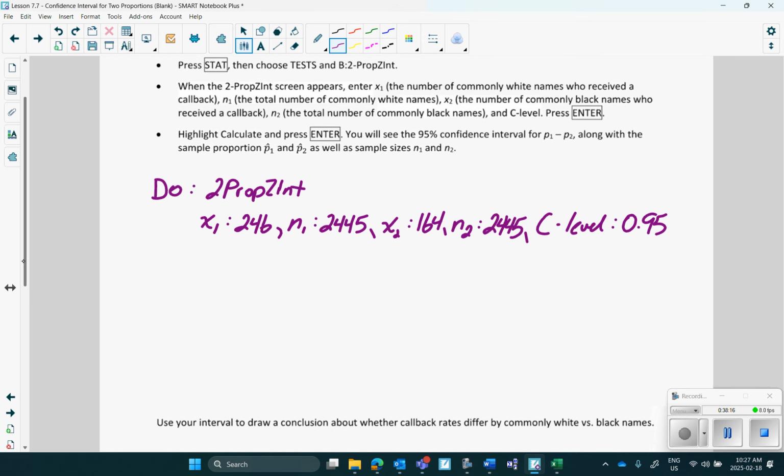So remember, this replaces having to do that confidence interval formula, having to figure out what Z star is if it's not 95%. This just does it all for you. And we're not going to get exactly the same because there'll be different rounding going on between the two ways we did it, but they will be very, very close.